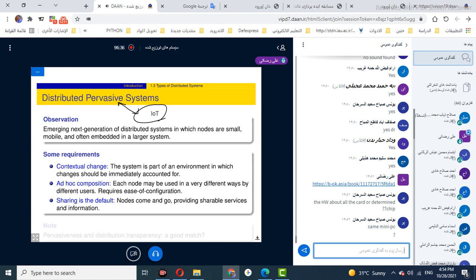Smart surveillance systems, cameras, and smart bands we use, for example, Xiaomi band, Apple Watch, and many other options available to consumers. All of these are categorized as distributed pervasive systems.